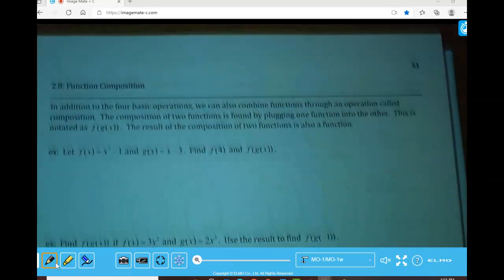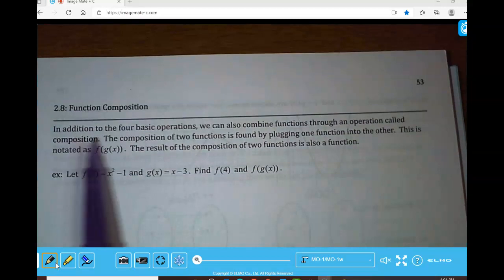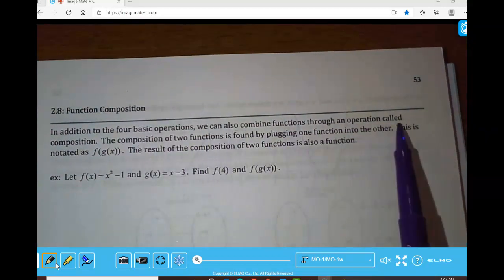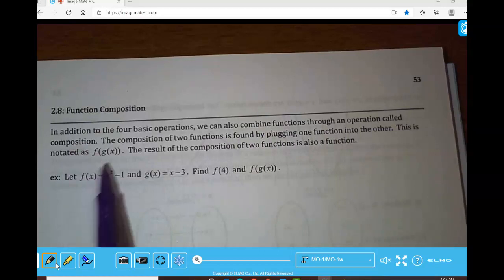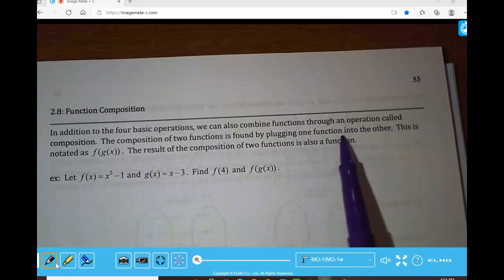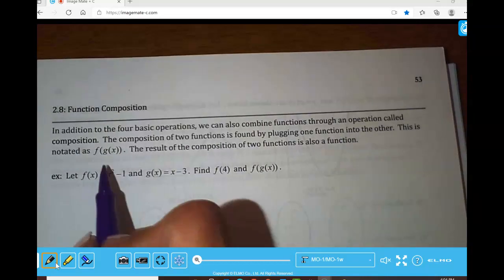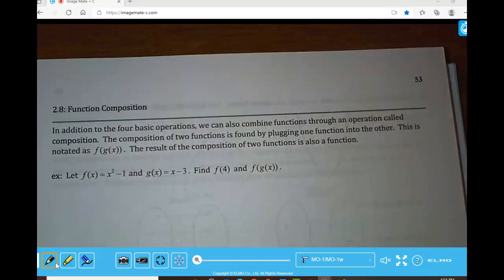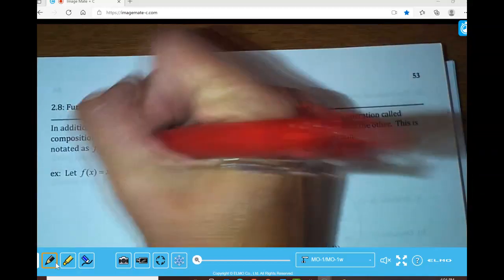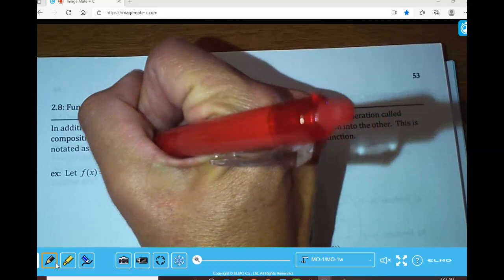So here we go. In addition to the 4 basic operations, we can also combine functions through an operation called composition. The composition of 2 functions is found by plugging one function into the other. And this is how it would look. So when you get all of these parentheses, what I like to do is take the outermost set and really accentuate those.